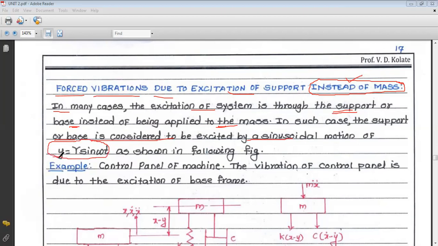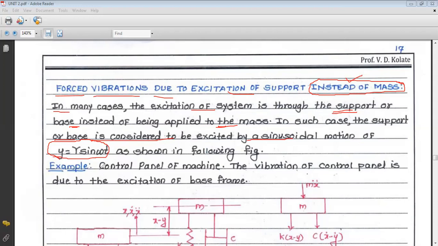So this is the excitation given to the base, where y is the displacement of your base or support at any time t, and capital Y is the maximum displacement or amplitude of the base excitation. There are various examples or applications of this.